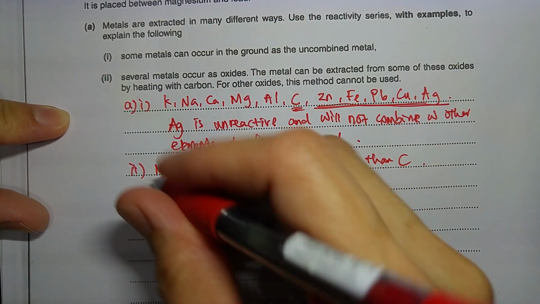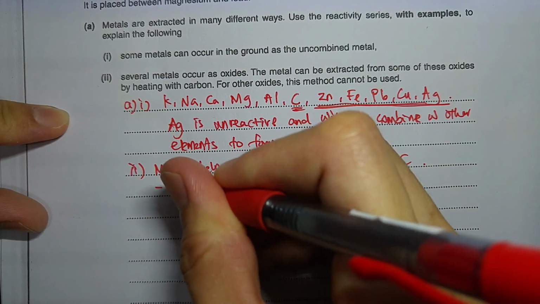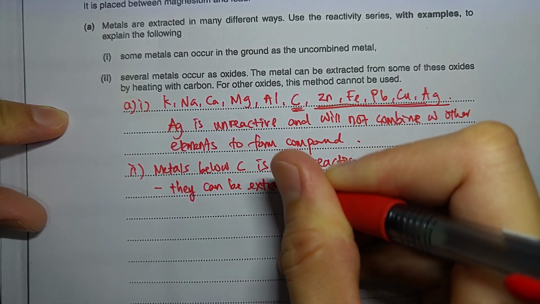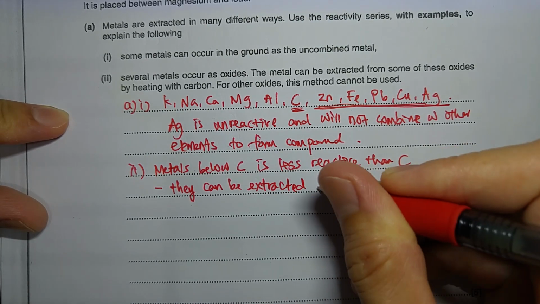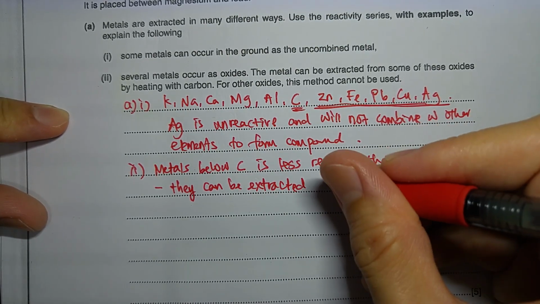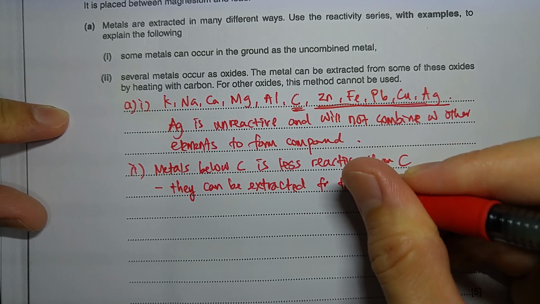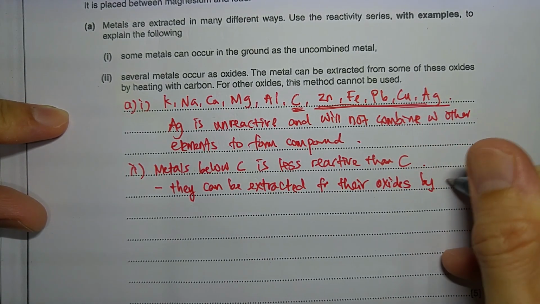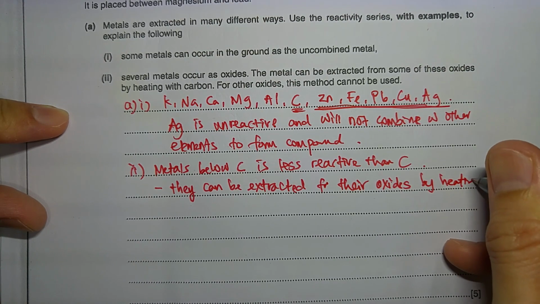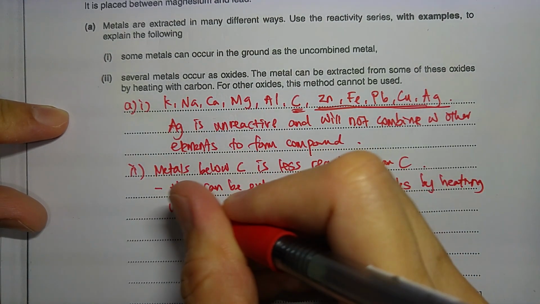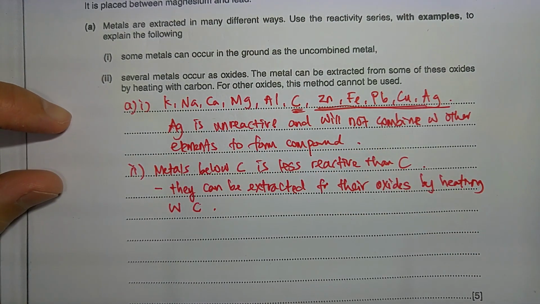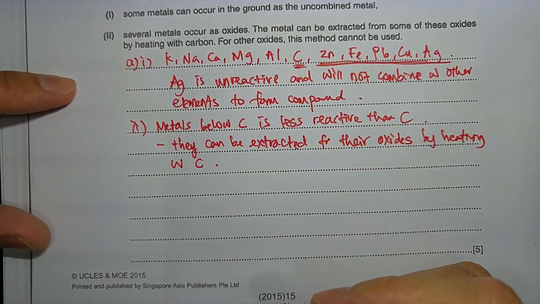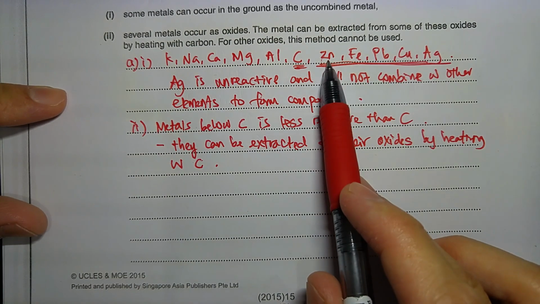So which means that they can be extracted from their oxides by heating with carbon. So you have to give examples, right? Give examples. So for example, there are so many examples.